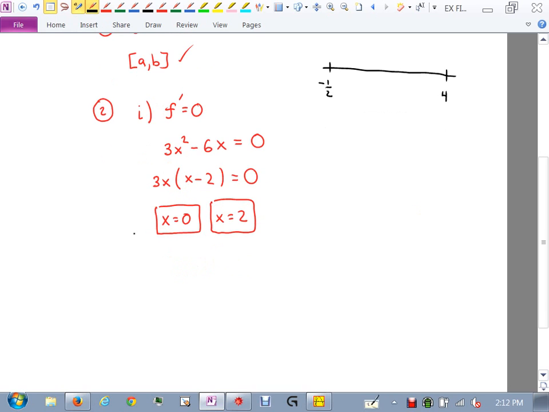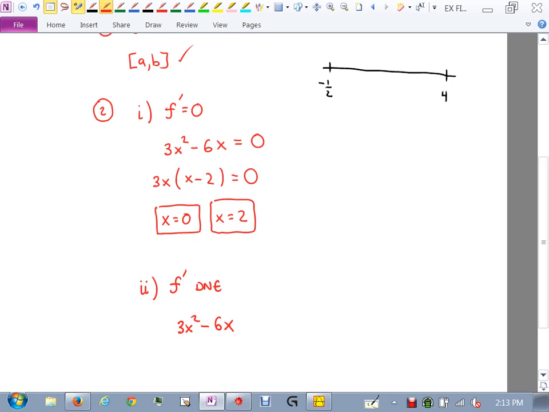I also need to figure out where the derivative is undefined or does not exist. But wait a minute, what was the derivative again? 3x squared minus 6x? That was my derivative, right? Is this ever undefined? Is there a number you can plug into that to mess it up? No, it's a polynomial, right? It's a well-defined, nice-behaved function.